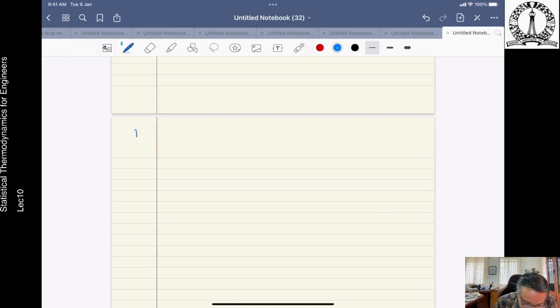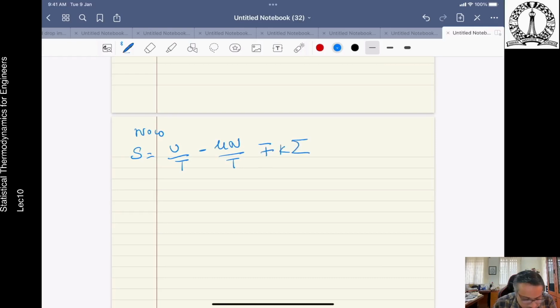Now let us put S equal to U by T minus mu N by T, plus or minus, this is also known, we have done it before, the summation over j of Gj ln of 1 plus or minus exponential of mu minus Ej by kT.